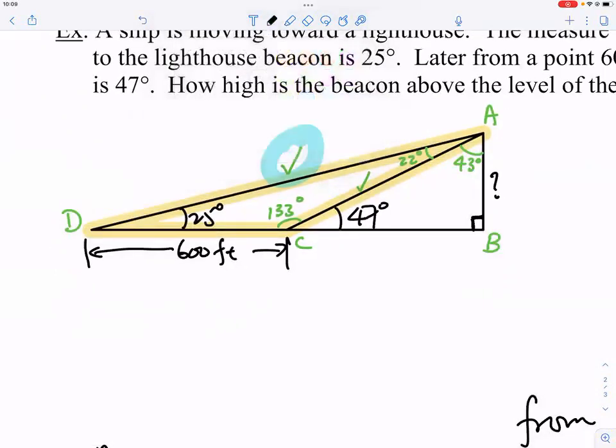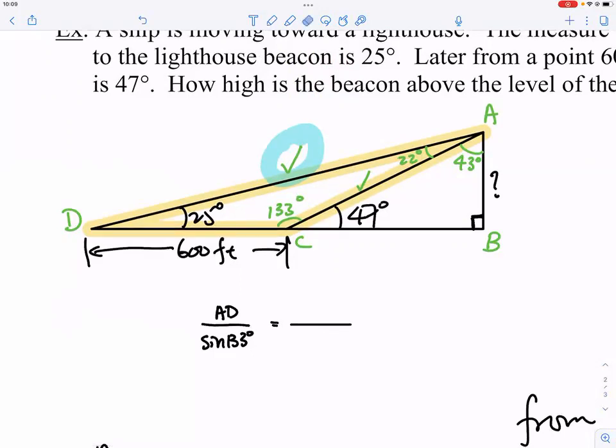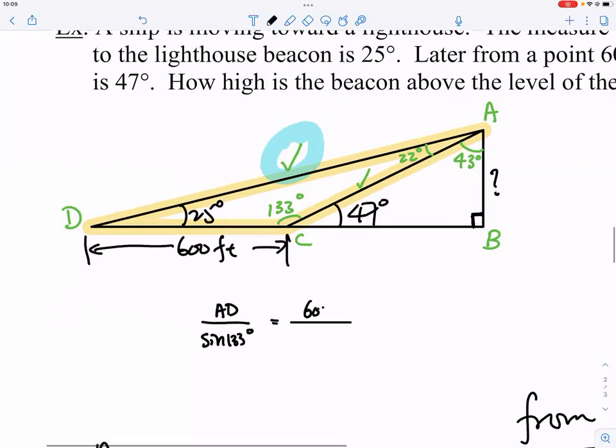So we say that the length AD over sine of 133 degrees is equal to what? We know the 600 feet, and we also know the 22 degrees, that's opposite.